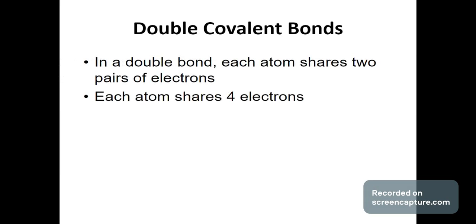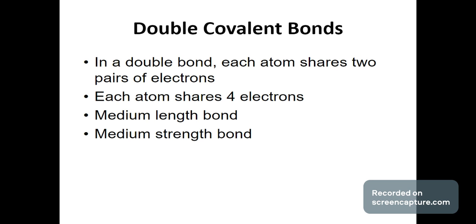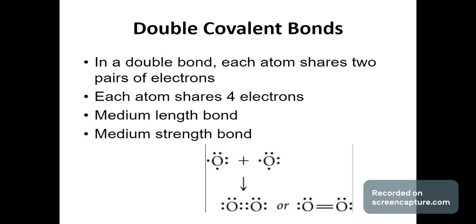The first one was the longest of the 3 bonds, and then the medium length, as in the double bond. So that means that maybe the limits are going to be different even for the triple bond, and medium strength as well. So it's not as weak as the single. And that's O2 being formed there, by the way. It has a double bond between the 2 atoms.